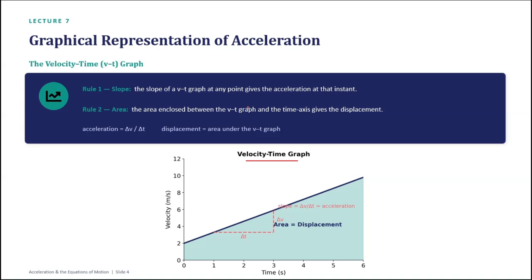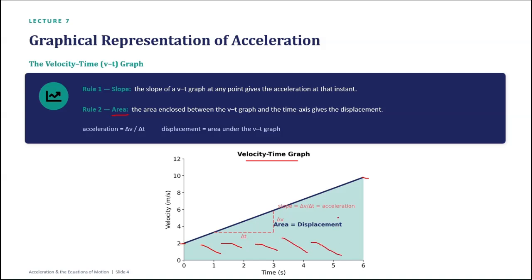And the second rule is the area enclosed by a velocity time graph. This is velocity, this is time, and this is the velocity time graph. This is the area enclosed beneath this point and this point.